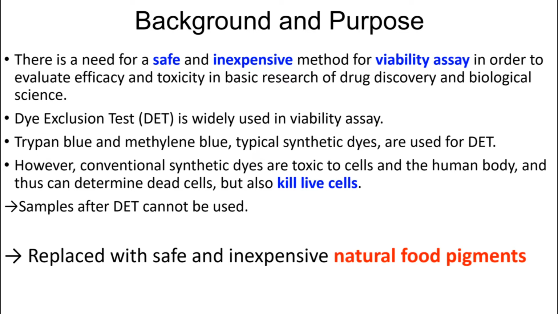To solve these problems, we devised to replace highly toxic synthetic dyes with safe and inexpensive natural food pigments. The advantages of this method will be compared with the conventional method.